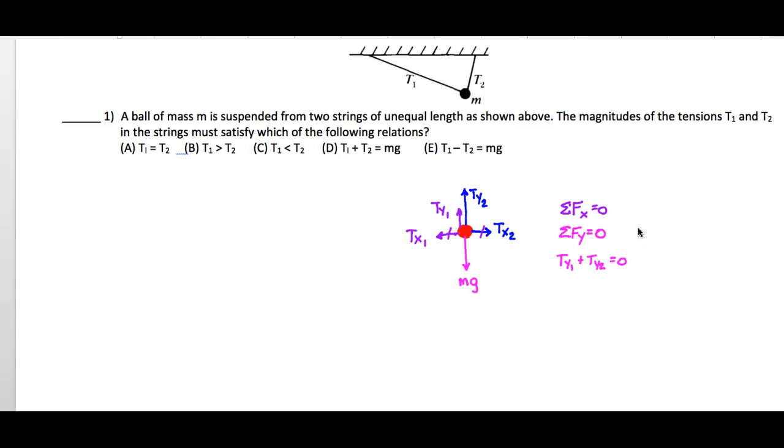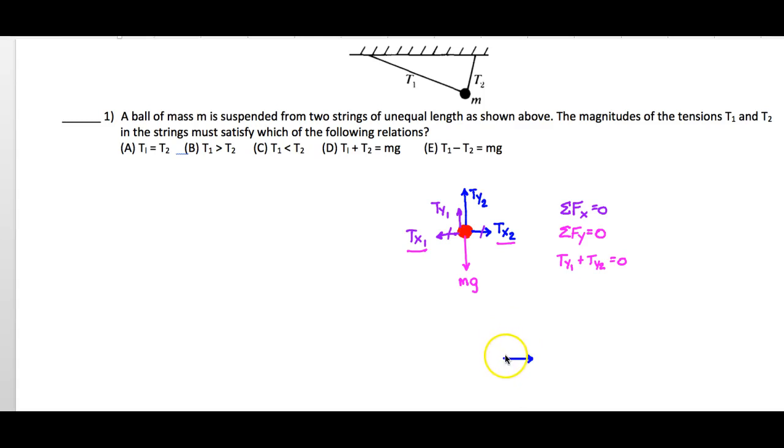Now, there's a couple of different ways to look at this. Since the x components are equal to each other and the angles are different, then the y components have to be different. I think that's one way of looking at this problem. If I sketch in blue the triangle on the right, we have an x component that looks like this.